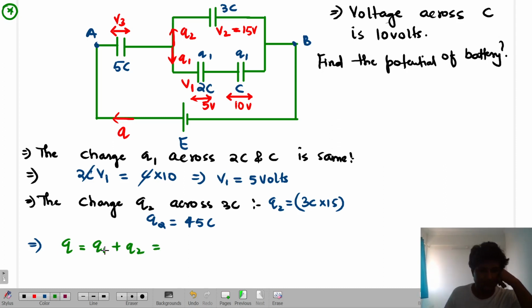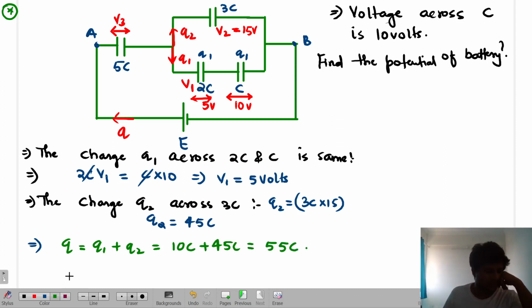Q1 we didn't calculate it. Q1 will be C multiplied with 10, which is 10C, isn't it? 10C plus Q2 45C. How much is this?